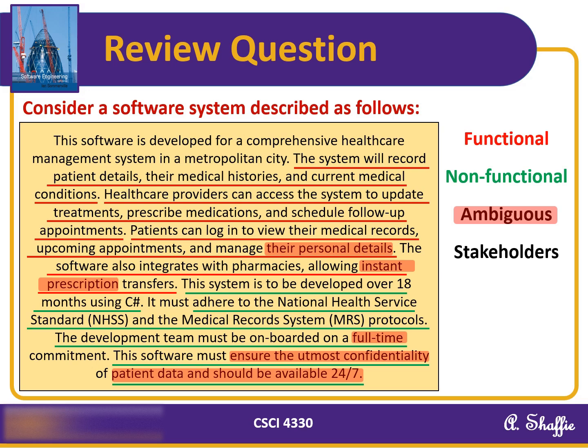So you need to clarify this requirement by saying patients can update their contact information, such as phone number and addresses, but cannot modify their medical history or treatment records. They cannot modify their names directly. They have to do that through the personnel that can do that in the system. By specifying these details, we make the requirements clearer and avoid potential misunderstanding during development and testing.